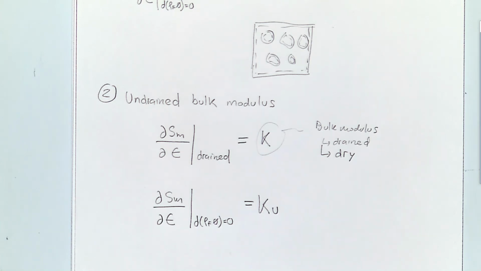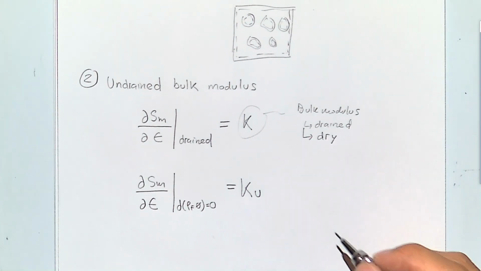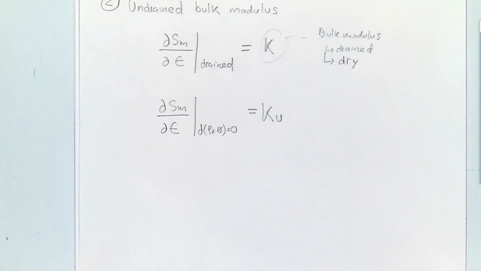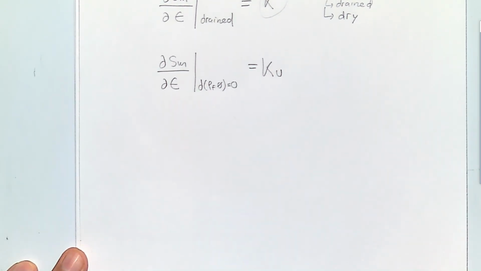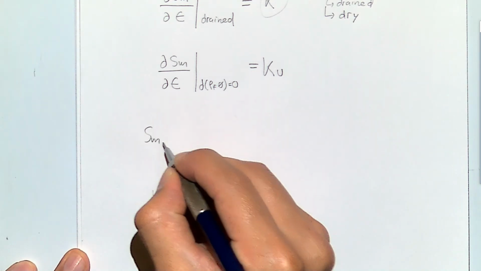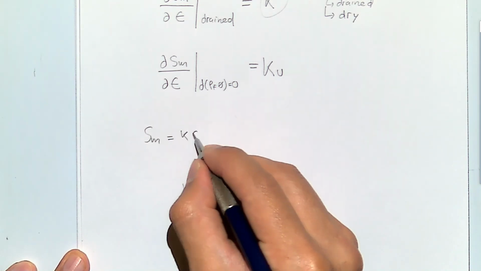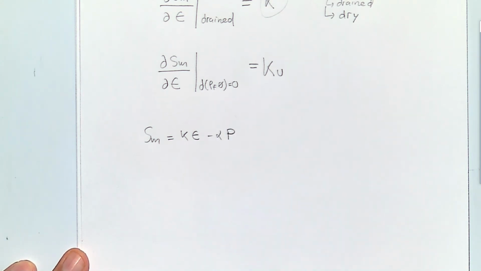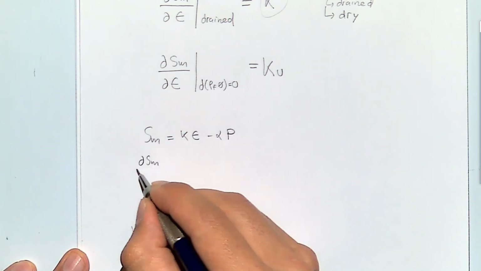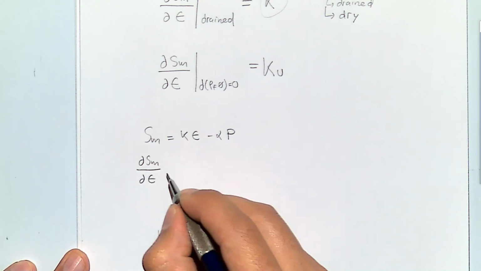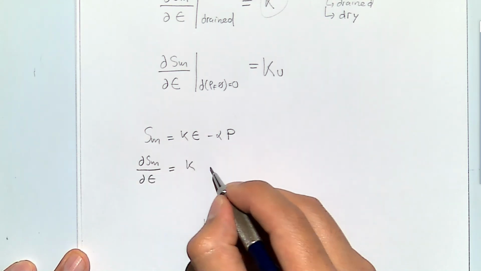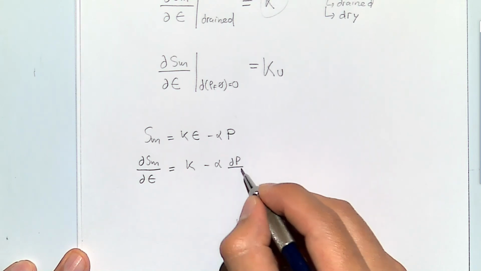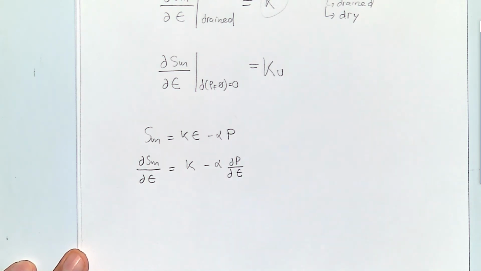And in order to find out what the undrained modulus is, we need to use the equations that we have derived before. So we know that mean stress depends on volumetric strain and on pressure, and therefore the variation of mean stress with variation of volumetric strain is just K minus alpha, the variation of pressure with variation of volumetric strain.